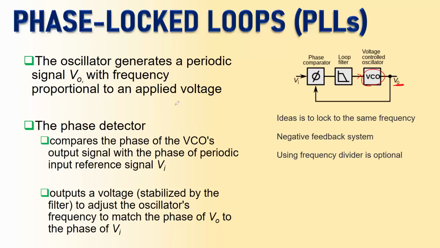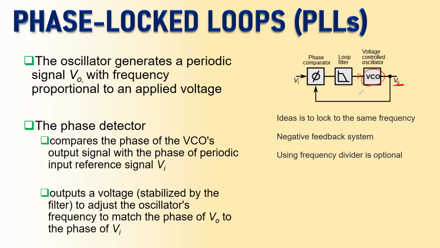The phase detector is going to compare the phase of the VCO's output with the phase of the input signal, which is a periodic reference signal, and it outputs a voltage right here, which becomes an input to the loop filter. This voltage gets stabilized by the loop filter and comes right here to control the frequency of the VCO.